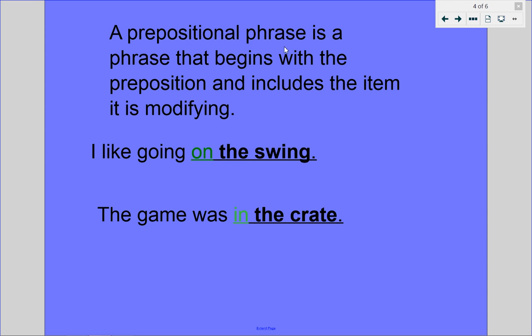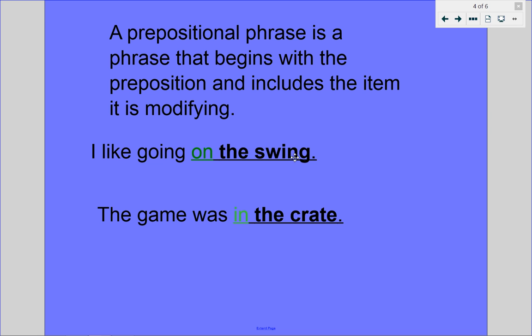A prepositional phrase then includes the preposition. It actually starts with the preposition. So a prepositional phrase is the preposition with the rest of the object that it is talking about. I like going on the swing. On what? On the swing.